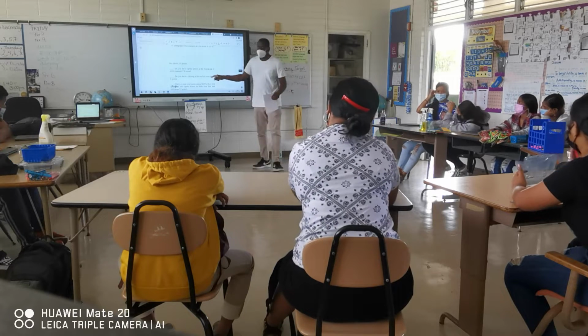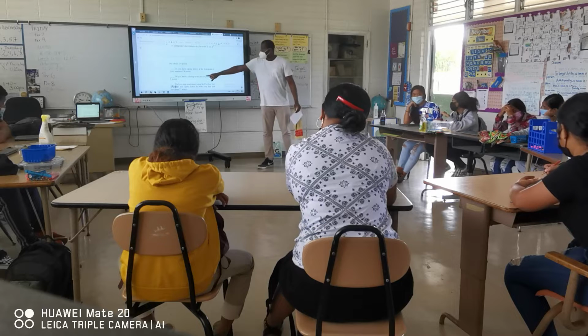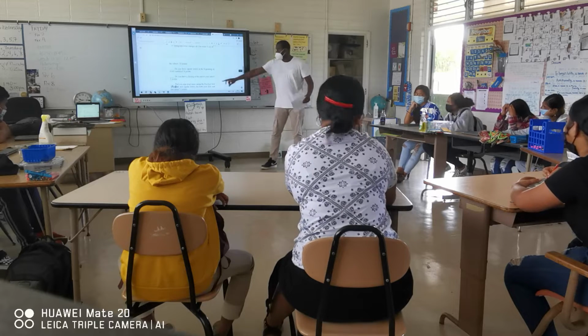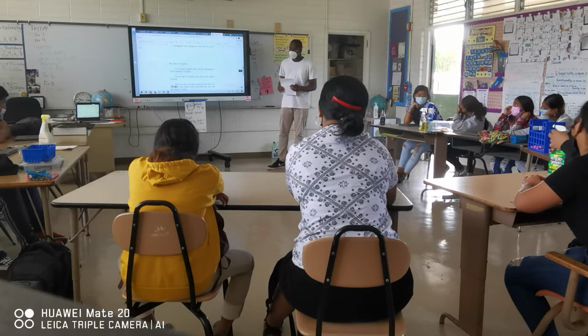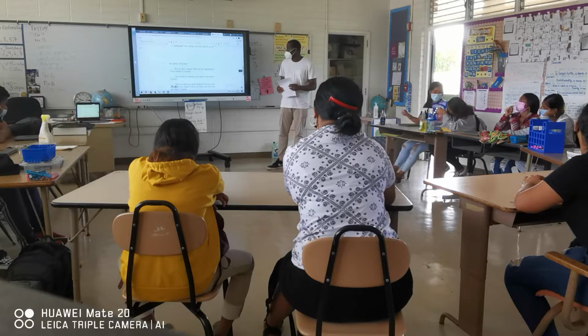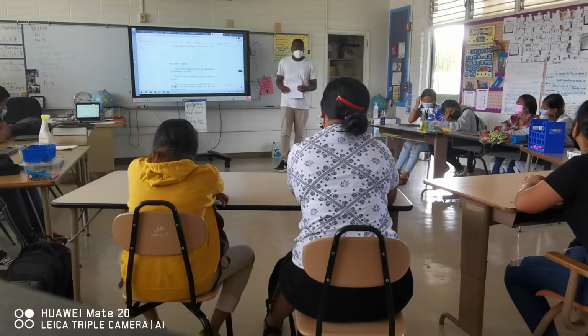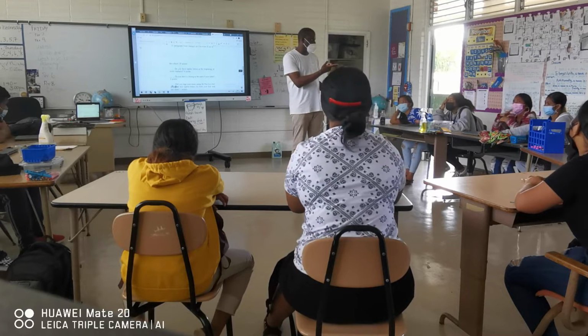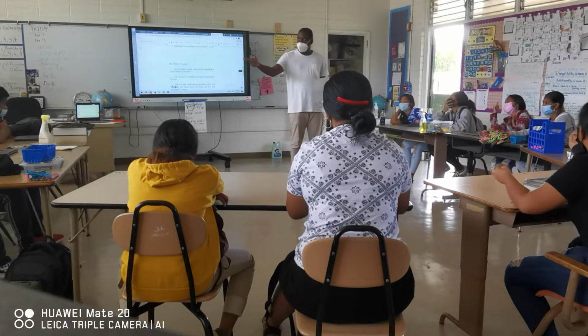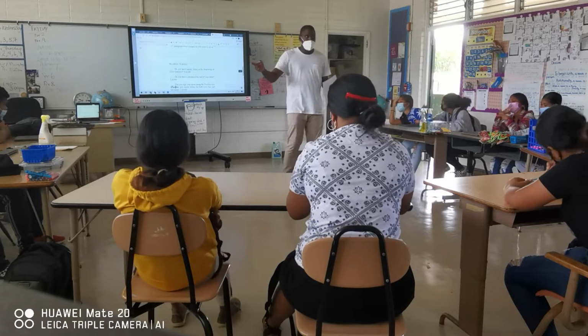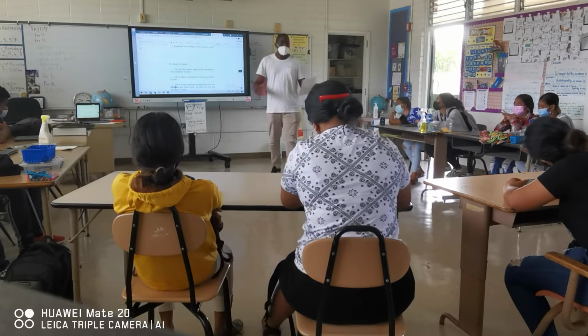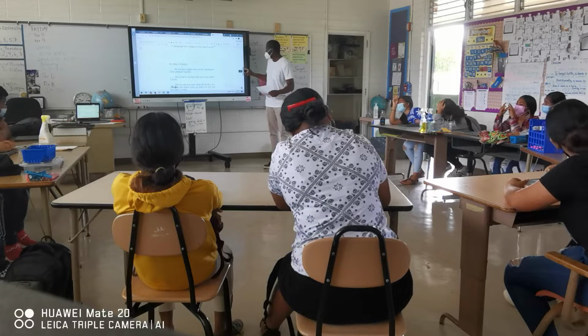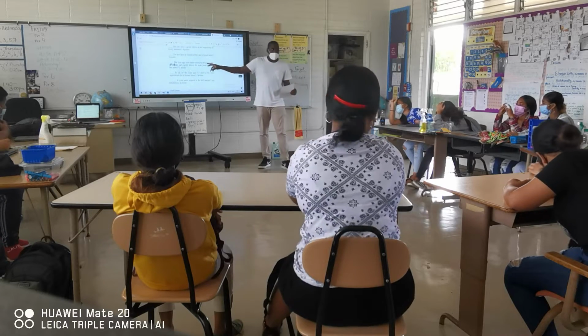Okay, next one. Do you have a closure at the end of the letter? Good. What's a closing? Sincerely. Love. Yes. From. Thanks. Yeah, those are closings. Good. Next one. We're almost there.